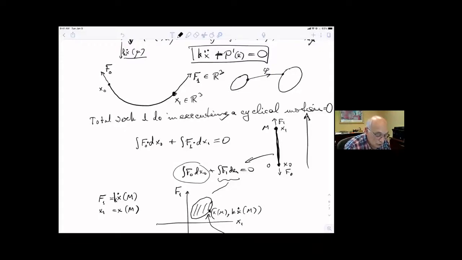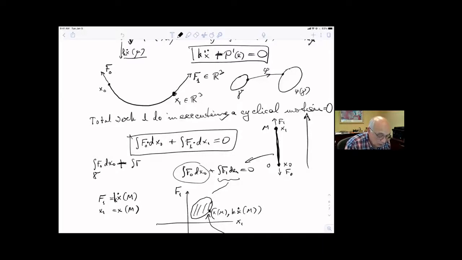If this is a closed curve gamma, this is the image of that closed curve in the six-dimensional space. And the fact that this work is zero we can write as the integral of f naught dx naught over the curve gamma plus the integral of f1 dx1 over the image of the curve equals zero. And these are dummy variables, so I don't even have to use them.